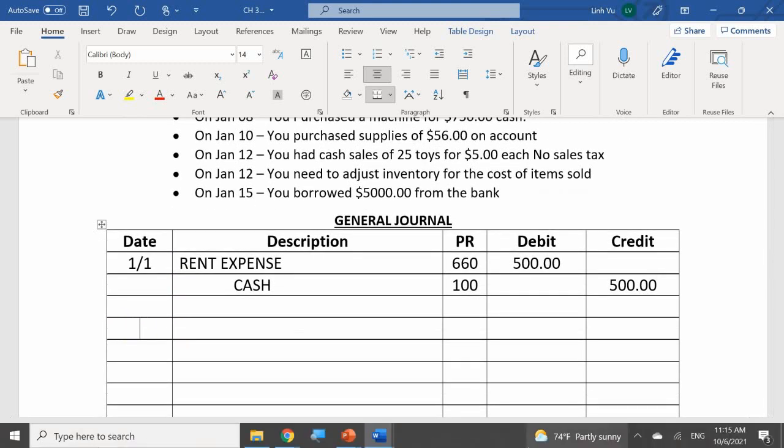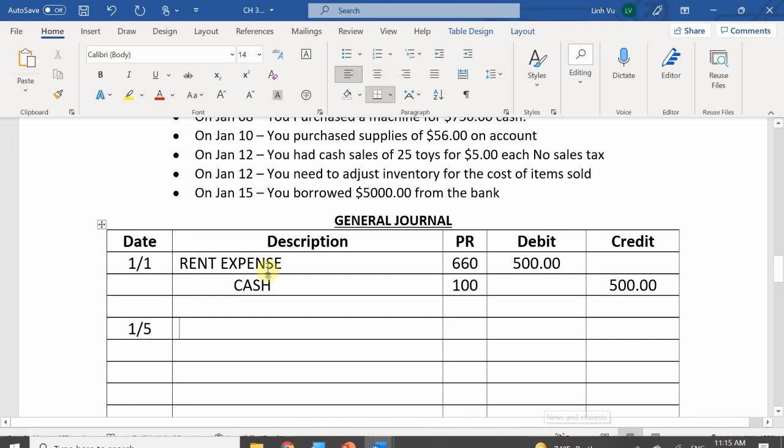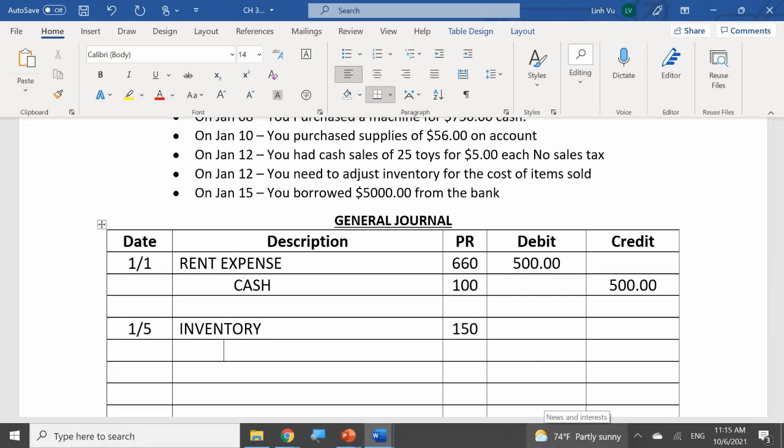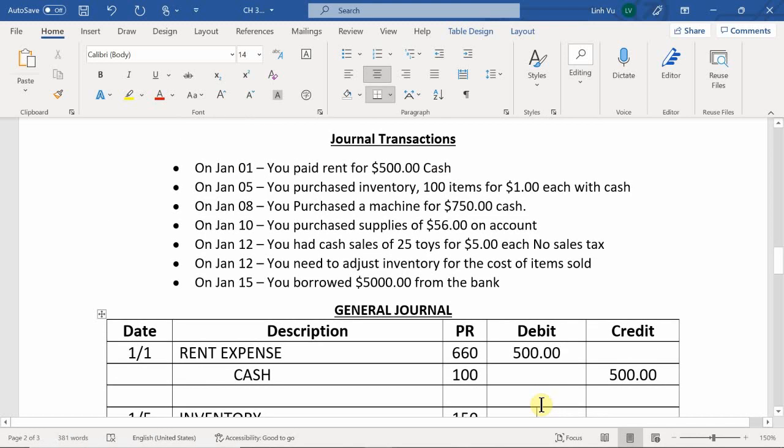Now we have determined all of those factors. So we have the transaction happen on January 5th. We have inventory, which we know is going to be debited, and then we have our cash account because we determined that we spent the money. Now, let's take a look at my information.